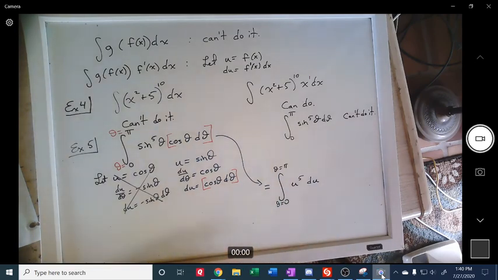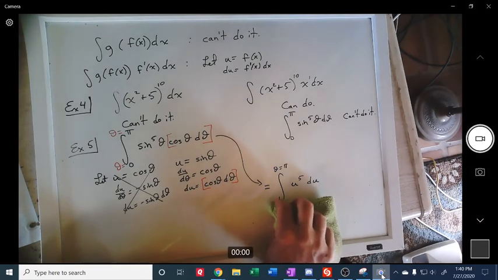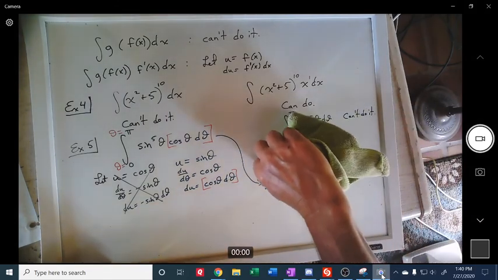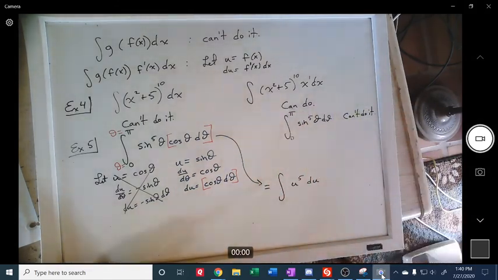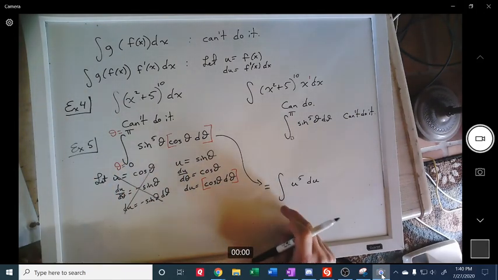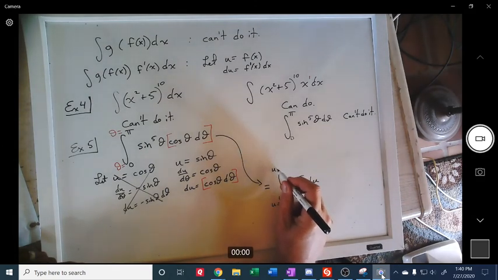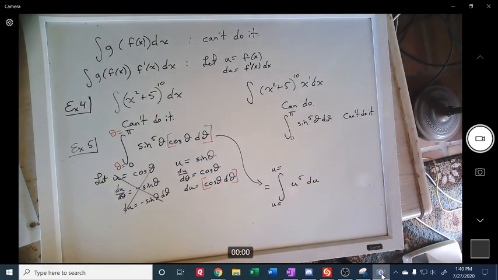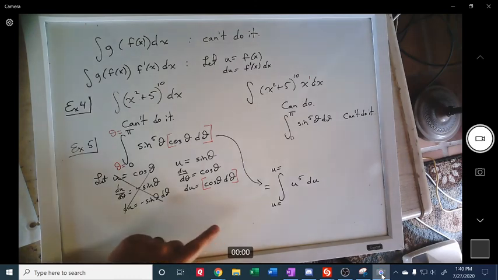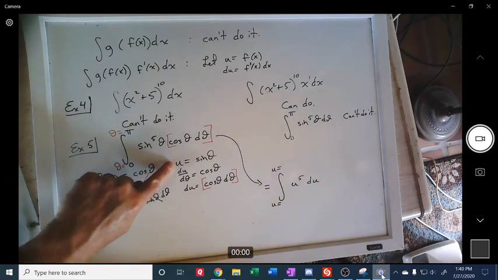And you can't mix thetas with u's. So, what we do is when you change everything to u's, also change these as well. And it's not as difficult as it seems. How do we change to u's? By looking at this equation right here.